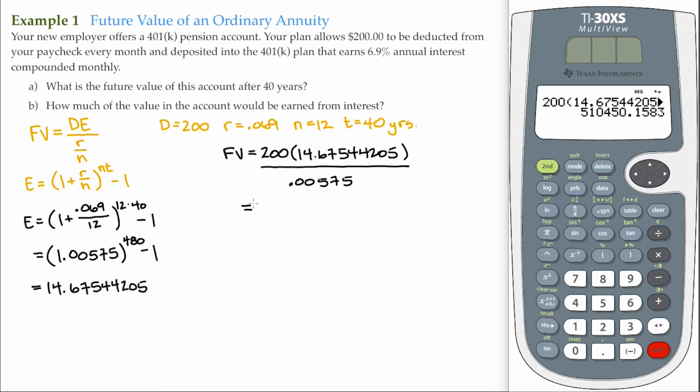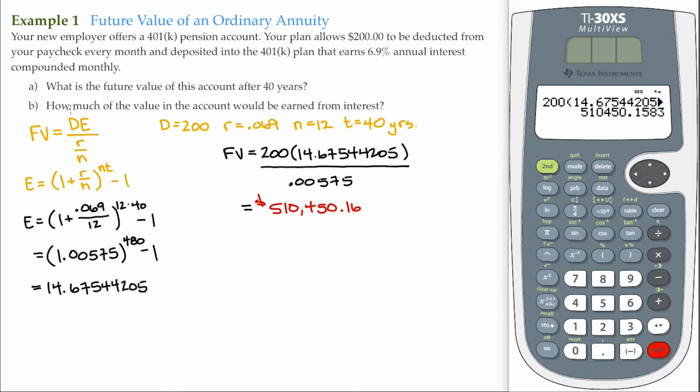So the future value for your $200 deposit for 40 years, by the time you're ready to retire, you will have $510,450. And of course, we're going to round to the nearest penny, and 16 cents. That's why 401k plans are a very good idea. They're very good plans. So that's a lot of money to retire with.